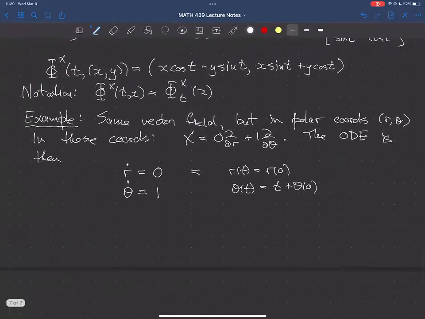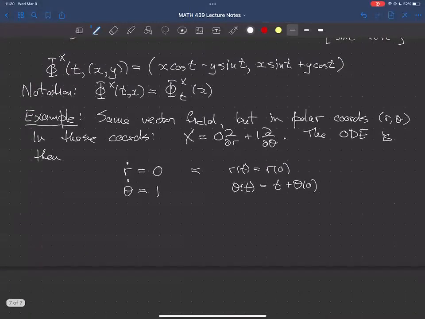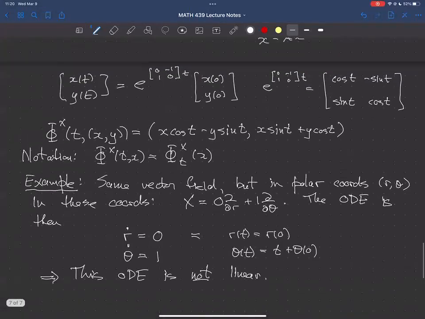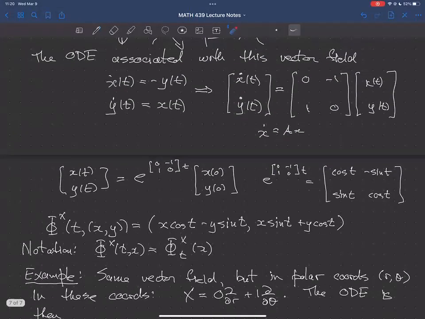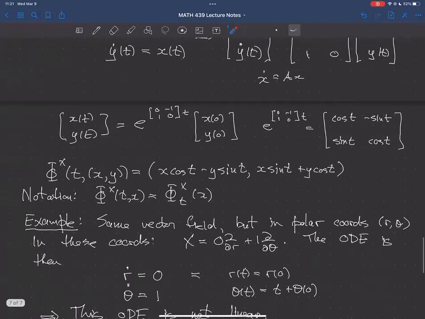And so the point is, the reason that I wanted to do this is that this ODE is not linear. The original ODE in Cartesian coordinates was a linear differential equation.